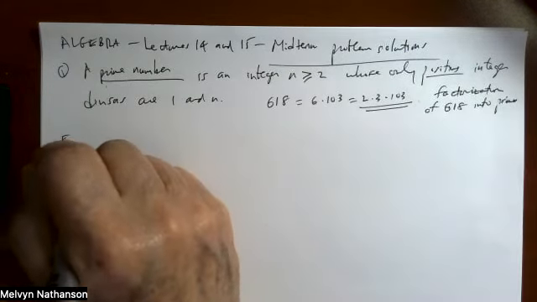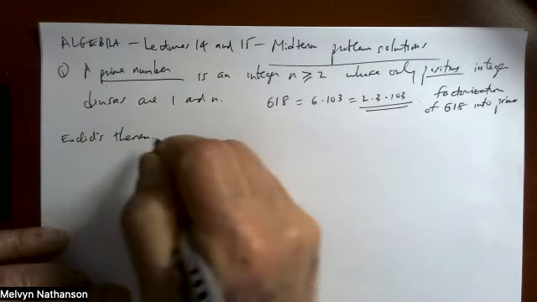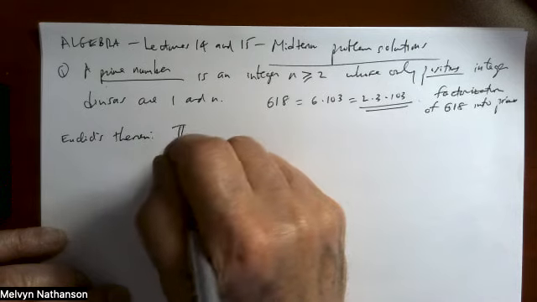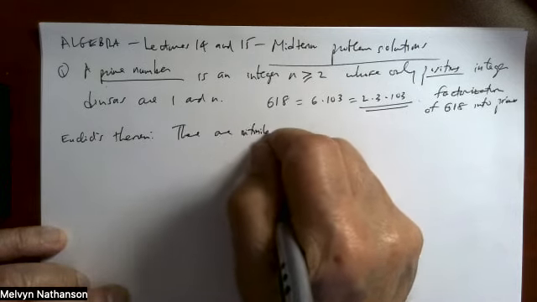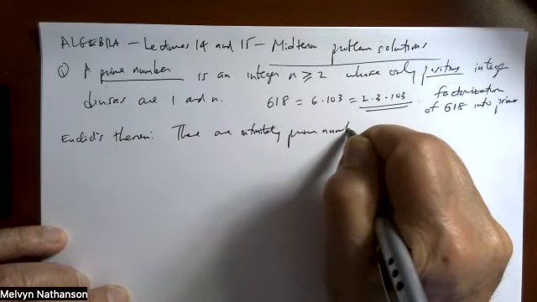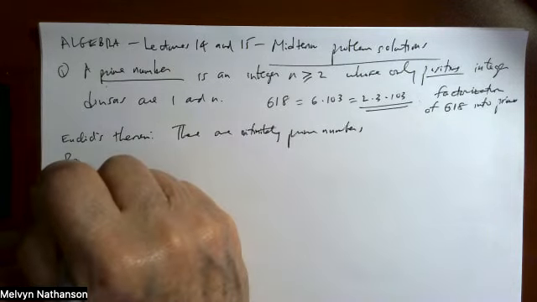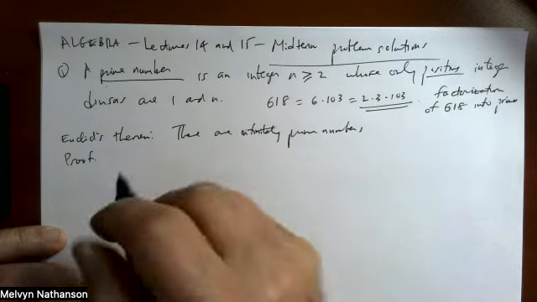And we want to prove Euclid's theorem, which says that there are infinitely many prime numbers. And the proof goes as follows.